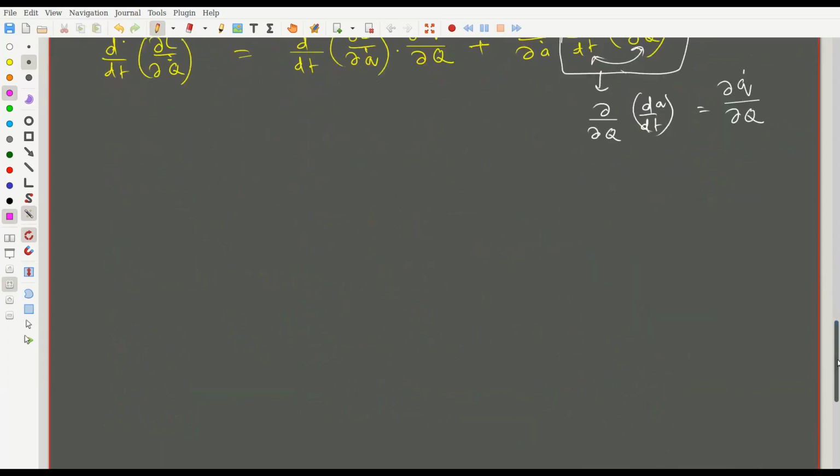Now at this point, we wonder, is it true for Hamilton's equations also?